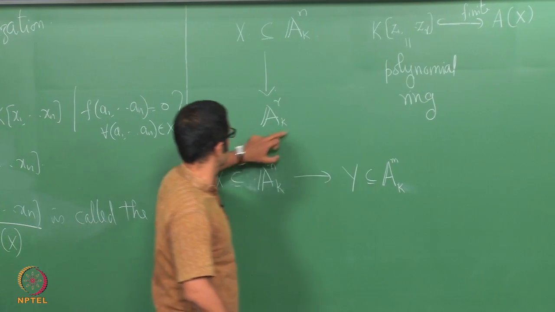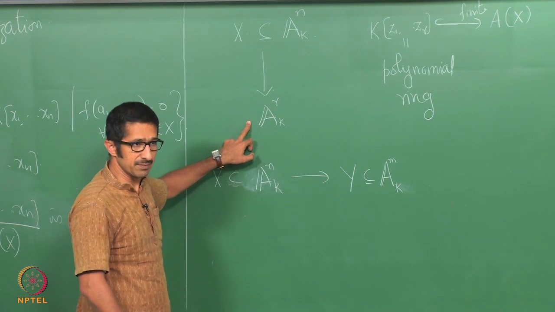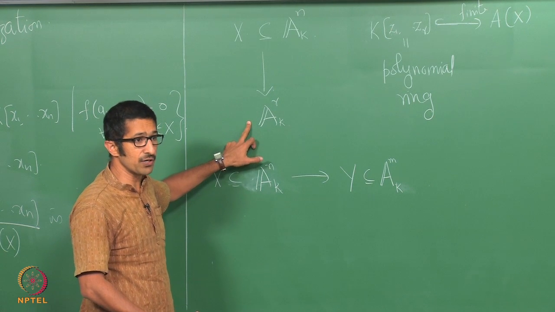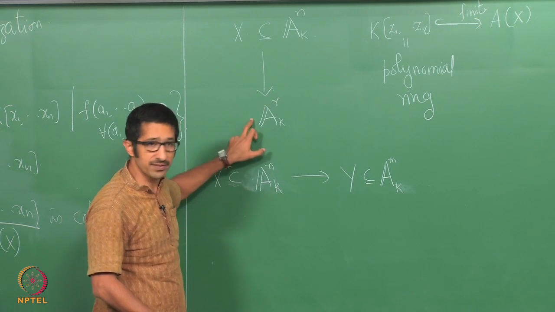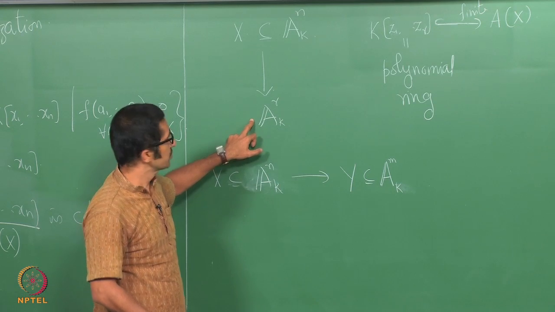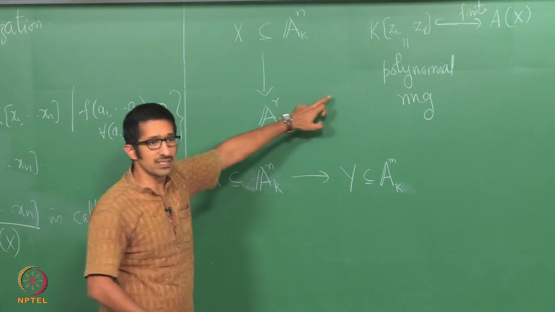This is the coordinate ring of this variety, because there is only the 0 polynomial that vanishes at all points of this. So, this is the polynomial ring modulo the 0 ideal.